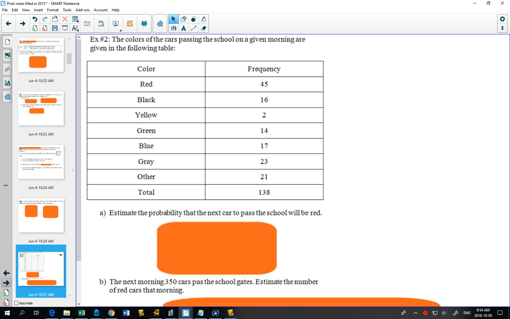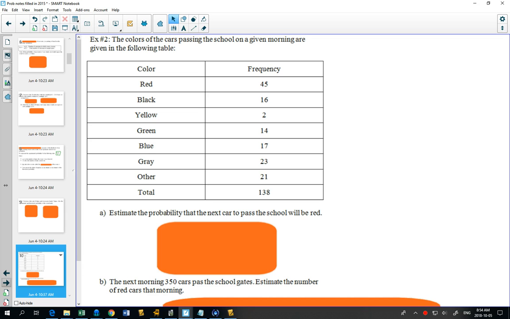And he was giving odds on what color the next car was going to be. So people could put 3-to-1 odds on it being red, or 5-to-1 odds on it being yellow, and you could place your bets. And when the next car came by, he paid out money to some students and kept the money of other students, and 2 weeks later was expelled.